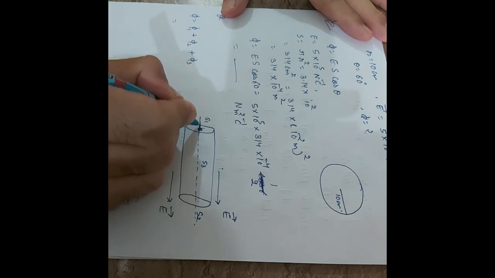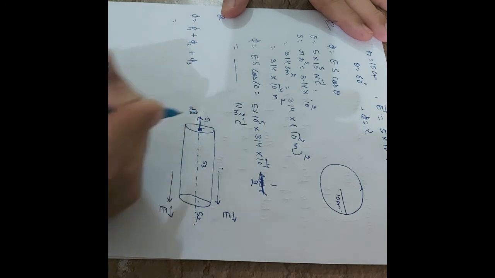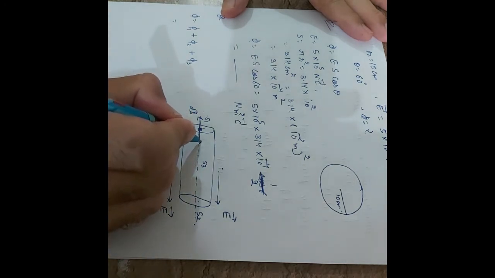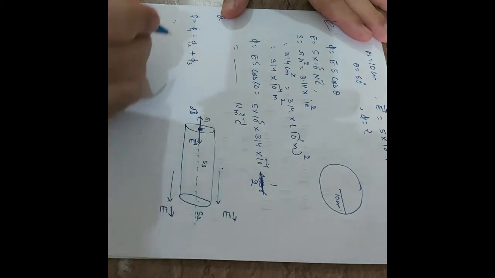The direction of this dS will be the outward normal, and the direction of the electric field is in this direction.